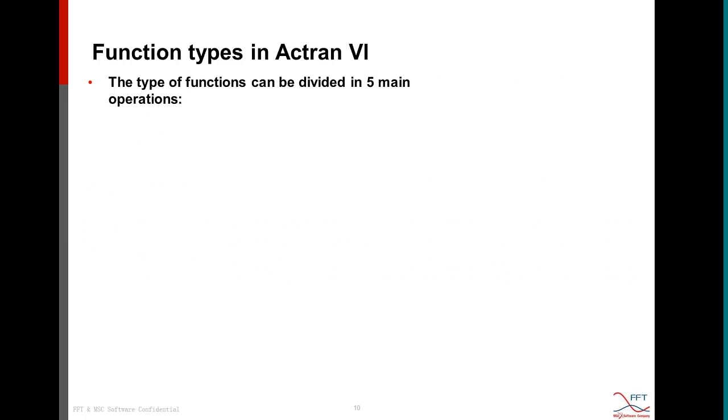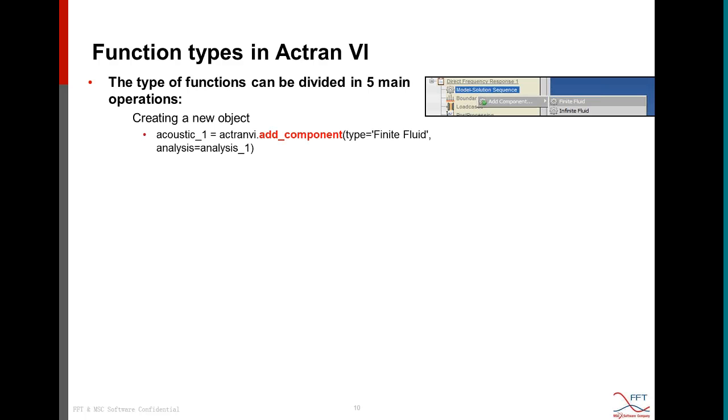After the concept of object, we have the concept of function types in Actran VI. The whole types of functions can be divided into 5 main categories. First one, creating an object, for example creating a material or creating a boundary condition.